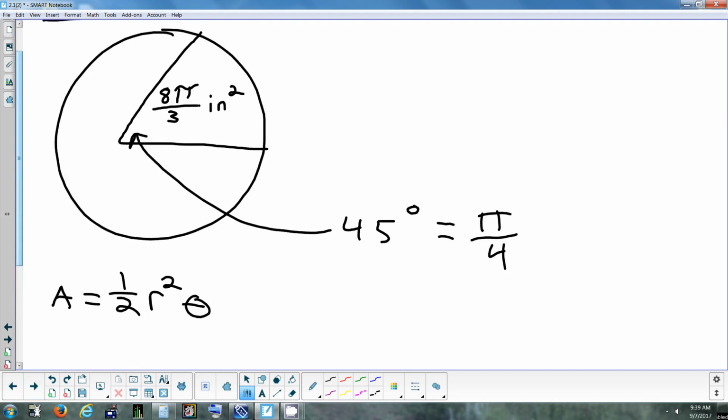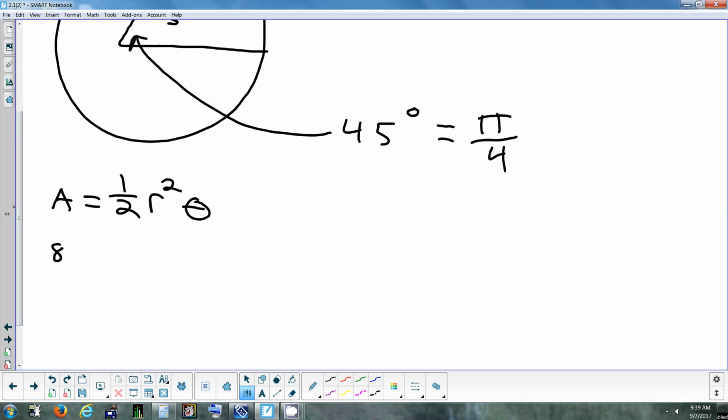How do you know it's the a? It's on the inside. Anything else about that number that tells you it has to be an area? It has inches squared. It has to be area because of the label. So 8 pi over 3 equals 1/2 r squared. And then my angle is pi over 4.